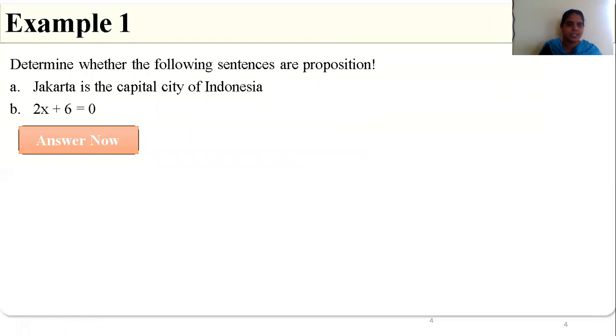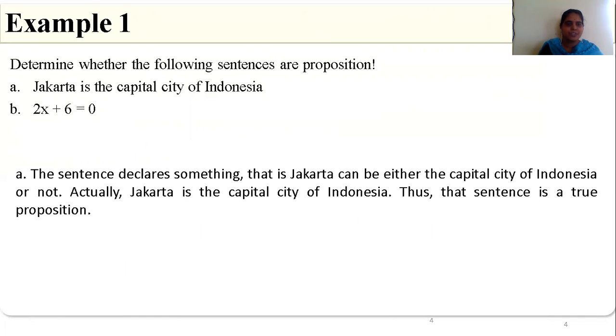Next, consider an example. Determine whether these given statements are propositions or not. Let's consider first, Jakarta is the capital city of Indonesia, and second, 2x plus 6 is equal to 0. The answer: the first one, Jakarta, is a declarative statement. Basically, it can be either the capital city of Indonesia or not. Actually, Jakarta is the capital city of Indonesia, so the sentence is a true proposition.